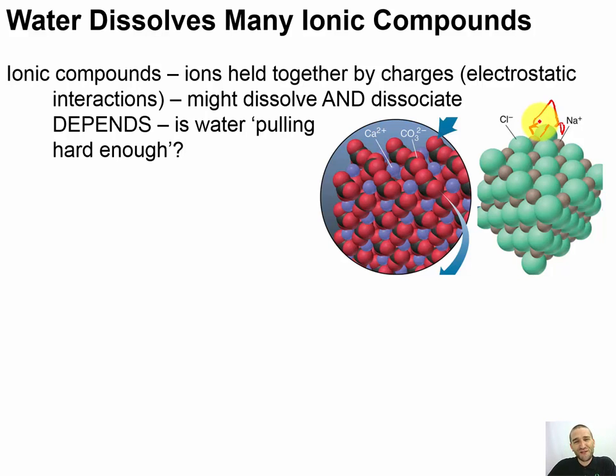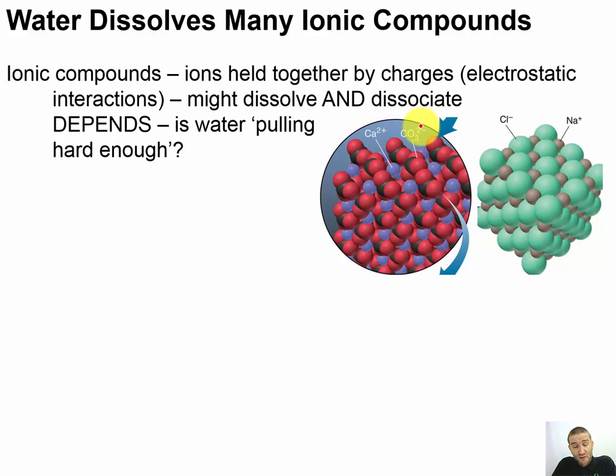Now, how does that ridiculous model connect to what we're looking at right here? Now, NaCl, +1 and -1 charge on these two, right? How about calcium carbonate, chalk? If I drop a chunk of chalk into water, it's not going to dissolve. At least not right away, right? Because it's got a +2 sticking to a -2.